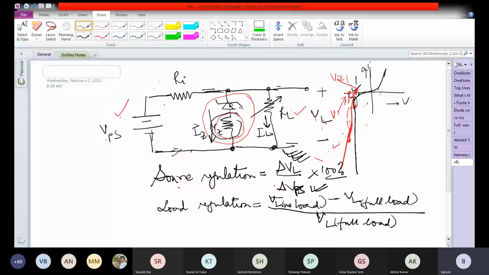So VL no load is the output voltage for zero load current. And VL full load is the output voltage for the rated load current, that is, for the maximum rated current.